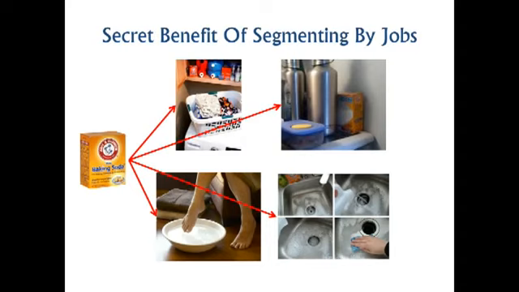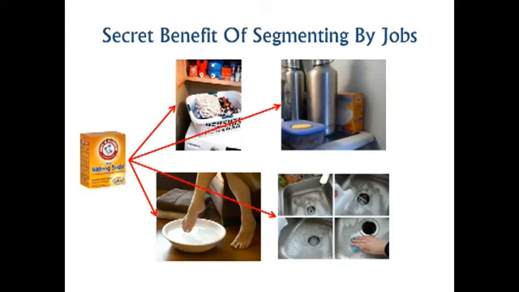People add baking soda to their laundry so that their clothes smell fresher. People put baking soda in the refrigerator so that it takes up odors and makes the refrigerator smell better. People use baking soda for a whole bunch of personal health activities, and baking soda actually works very well as an abrasive for cleaning. So when you take a look at what jobs customers are using your product for, more often than not, what you're going to discover is that your market is a lot larger than you may have originally anticipated.